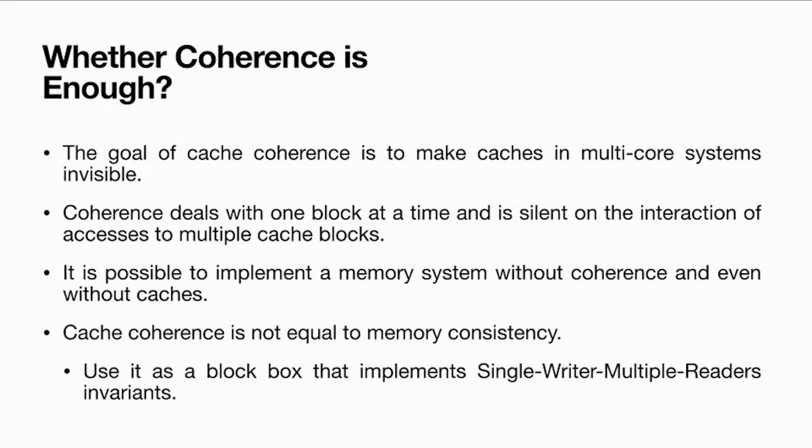Especially if you want to implement sequential consistency, we can make use of the MSI or whatever protocols we implement for cache coherency to implement a simple or rigid memory consistency model.